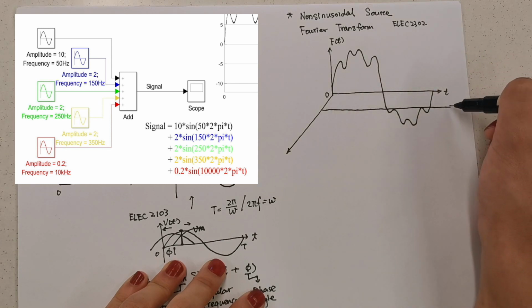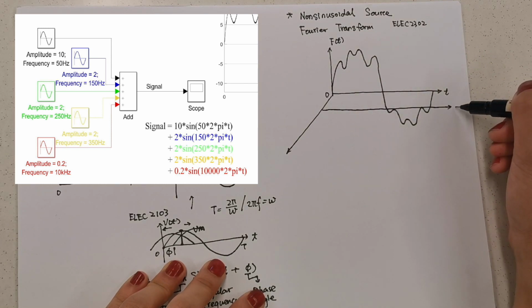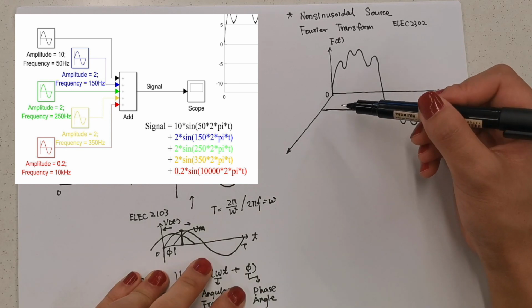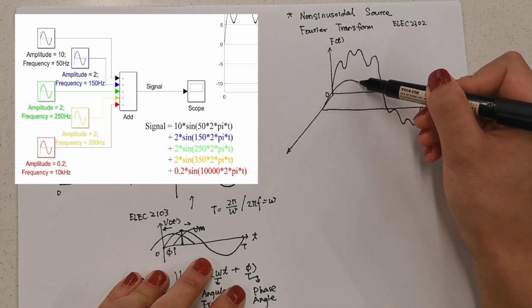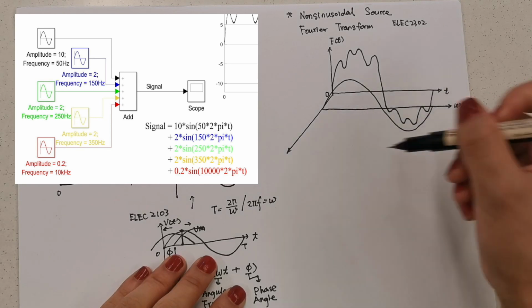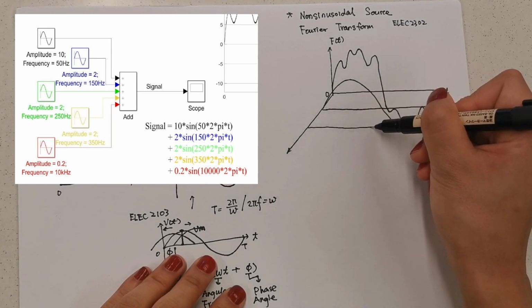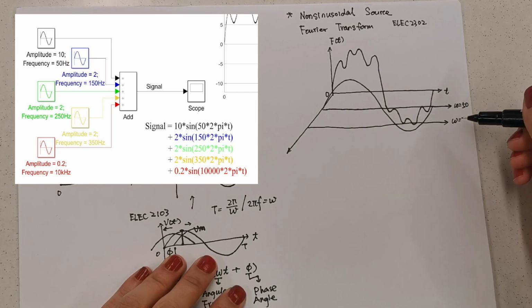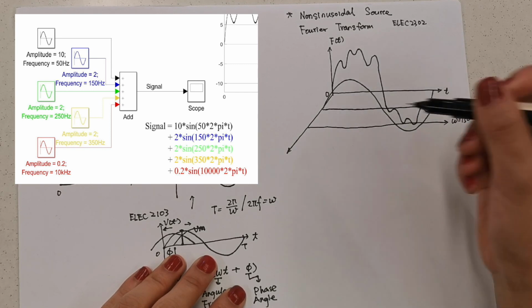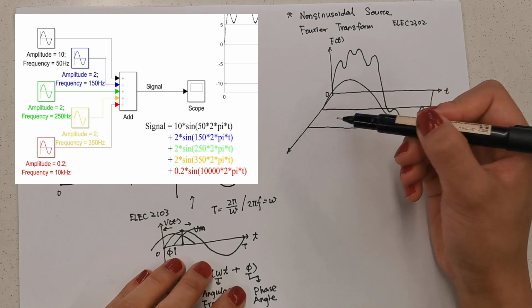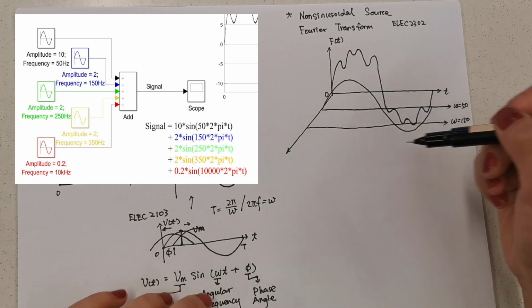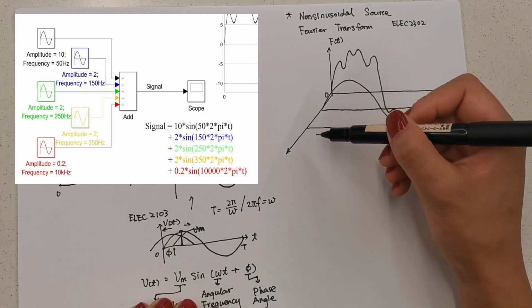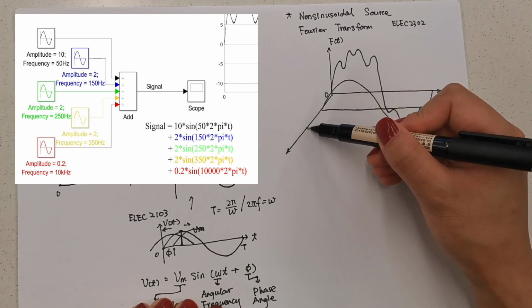So this is when our omega equals 50. The plot looks like this. The second one is when our omega equals 150. That means our period is shorter and our frequency is higher.